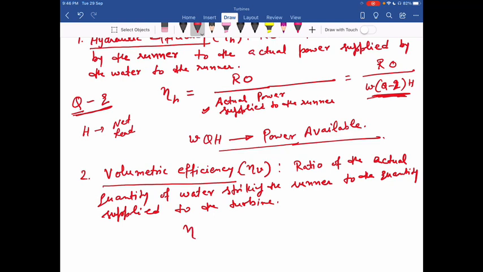So you can write eta V as (Q minus q) divided by Q.